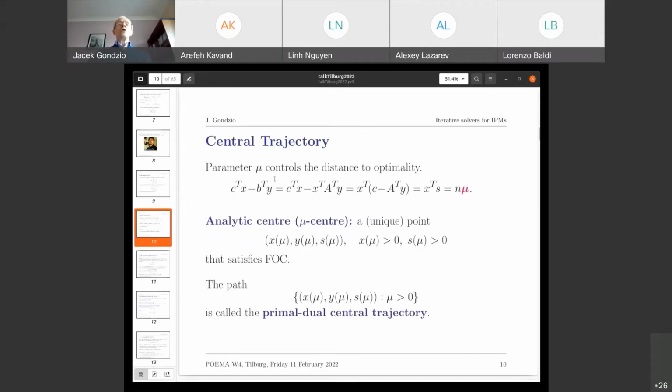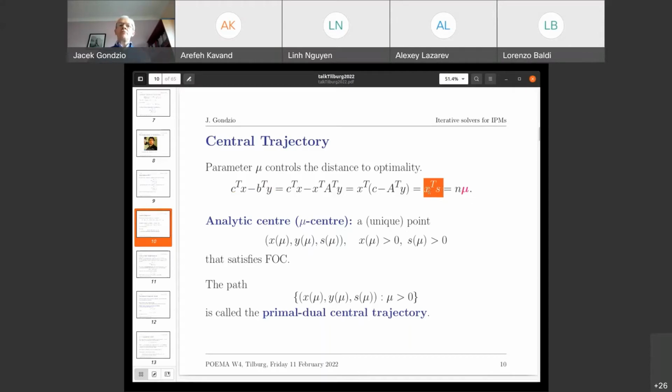There is an important notion called central trajectory, which is associated with this value of the parameter μ. First of all, let me draw your attention to the fact that if we have primal and dual feasibility, then the duality gap will just be equal to the complementarity gap.